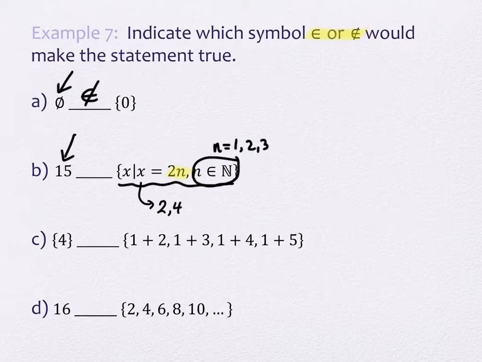Then 4, 6. So this is a collection of even numbers. What is written on the right is a way of writing even numbers. And the question now, back to what we had, is 15 an element of the even numbers? No, it is not. It's not an element.